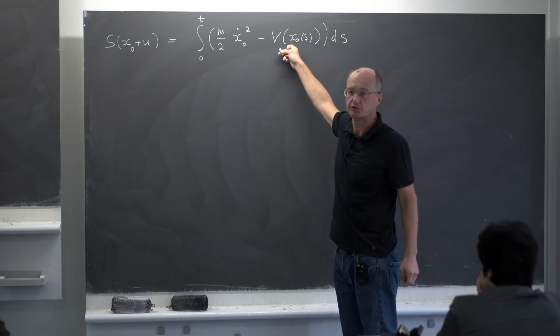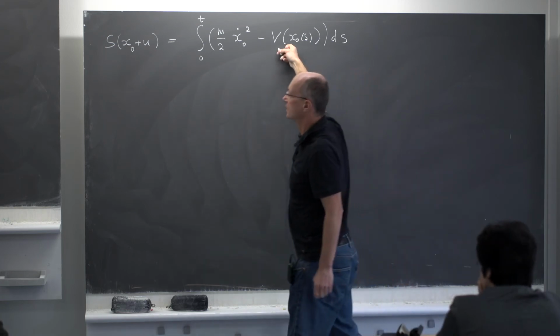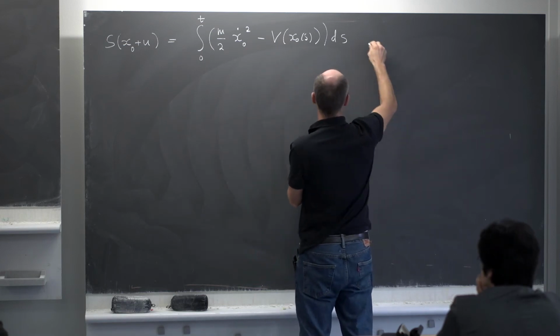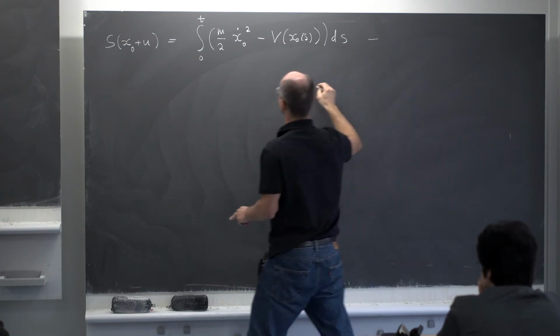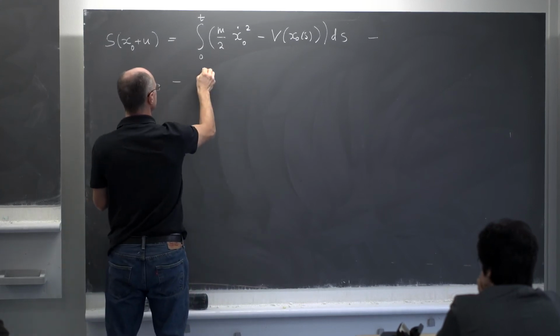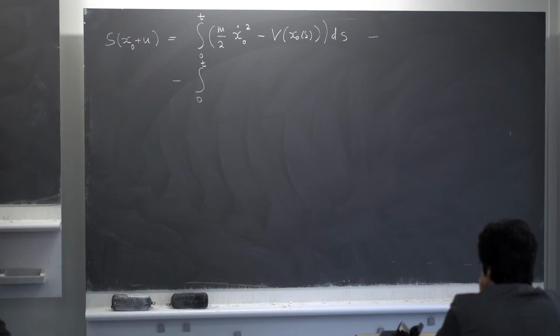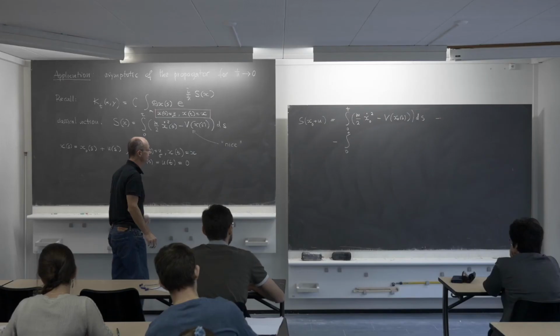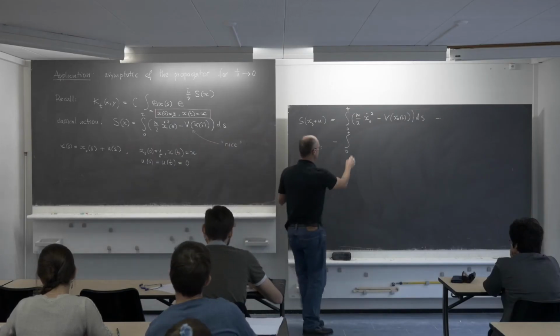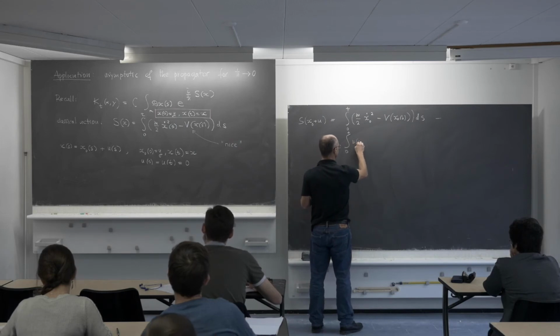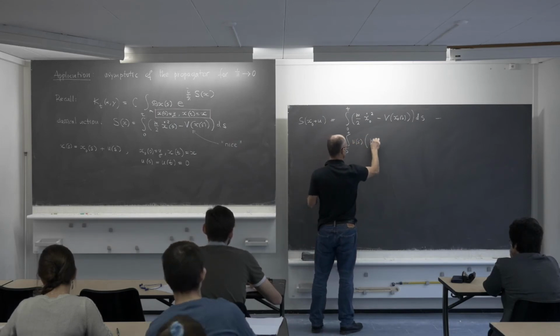So this is the zeroth term of the Taylor expansion for the function V. Now, let me write down the next term. This will be a linear term in u, and let me write it in the following way.